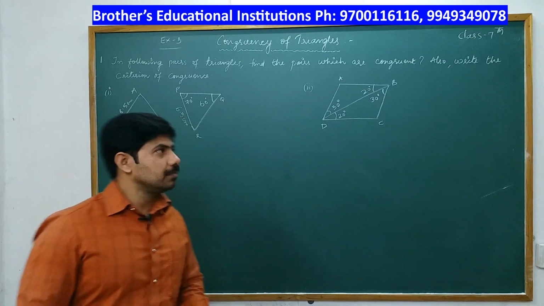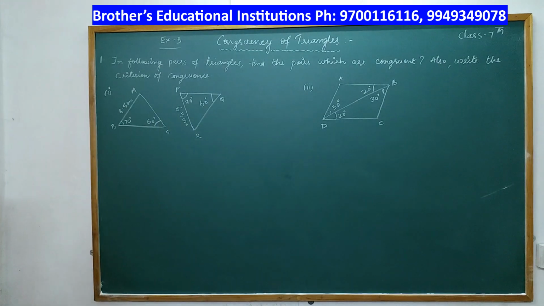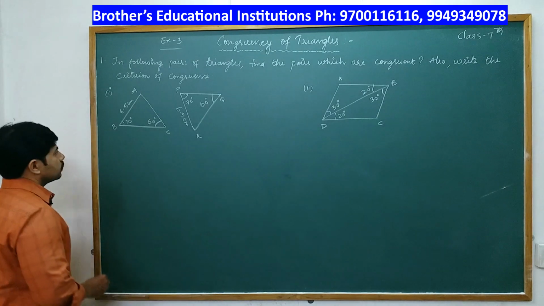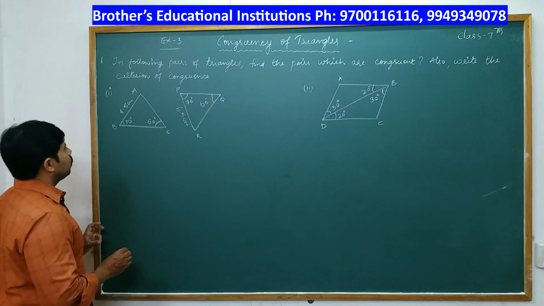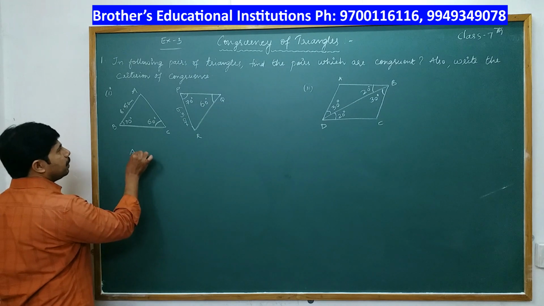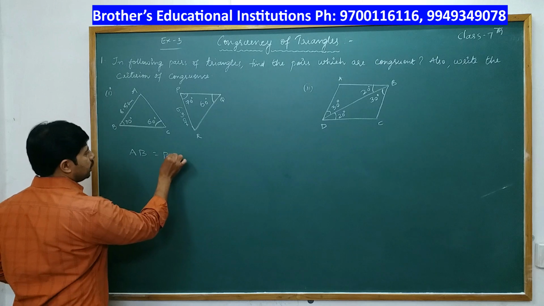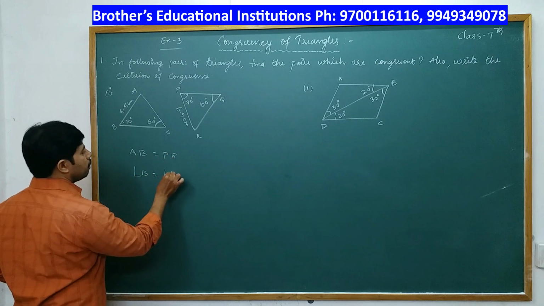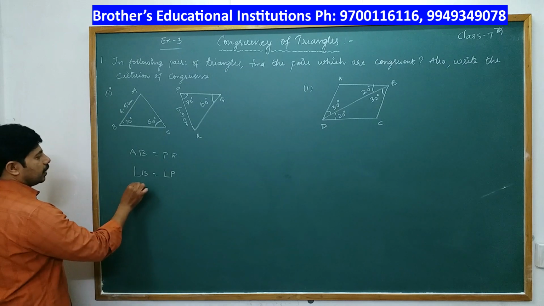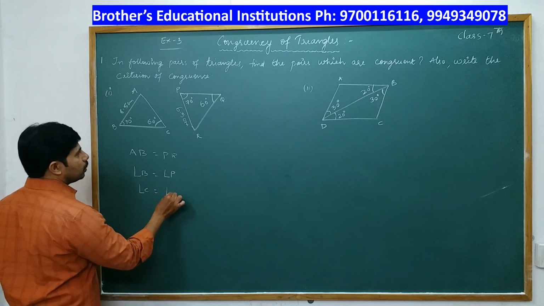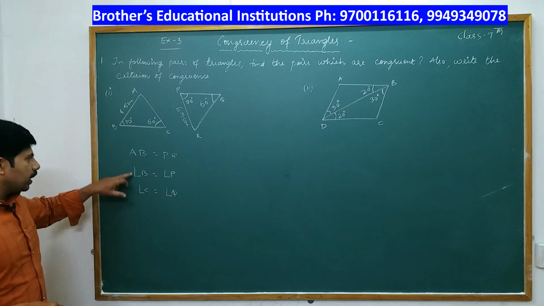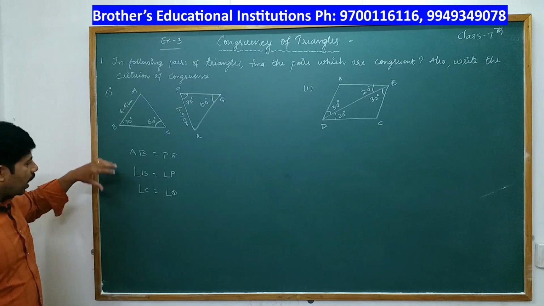Okay. Next problem. In the following pair of triangles, find the pairs which are congruent. Also write the criterion of congruency. So here in triangle ABC and triangle PQR, what we observe is AB is equal to PR and angle B is equal to angle P. Then angle C is equal to angle Q. So now we have two angles and a side, it is angle side angle.